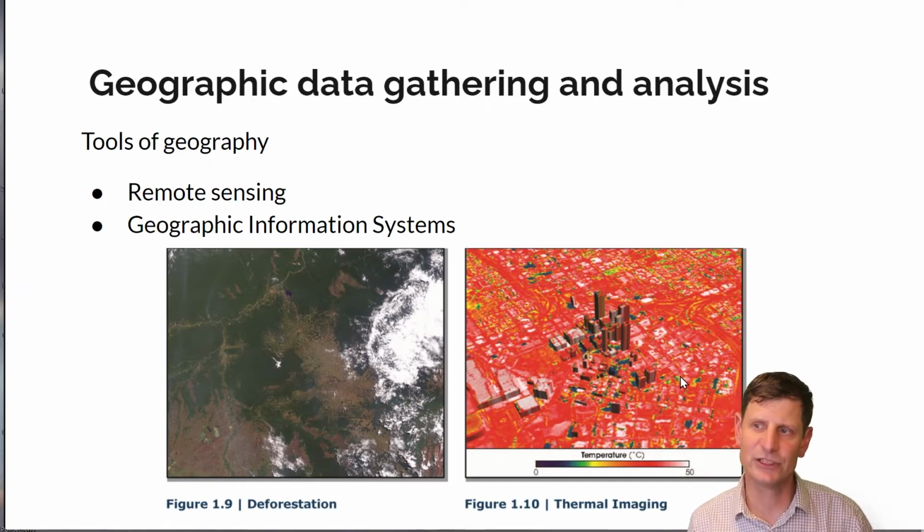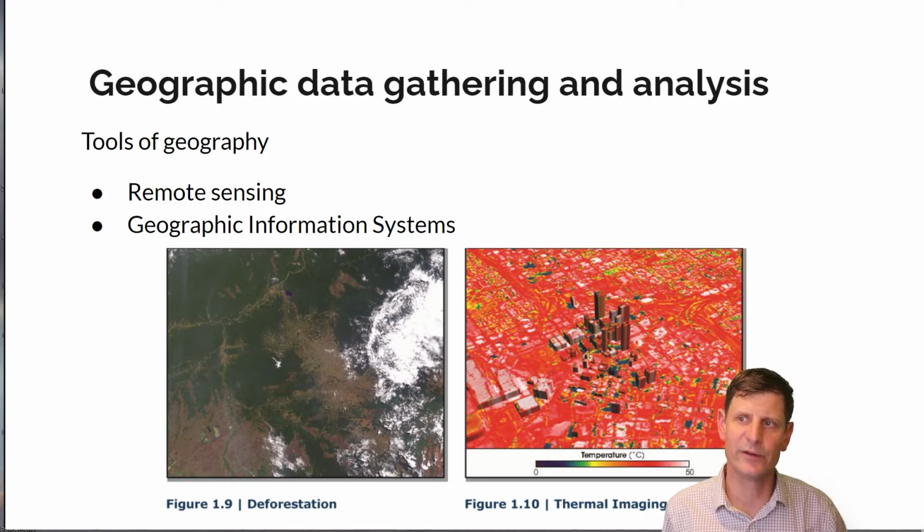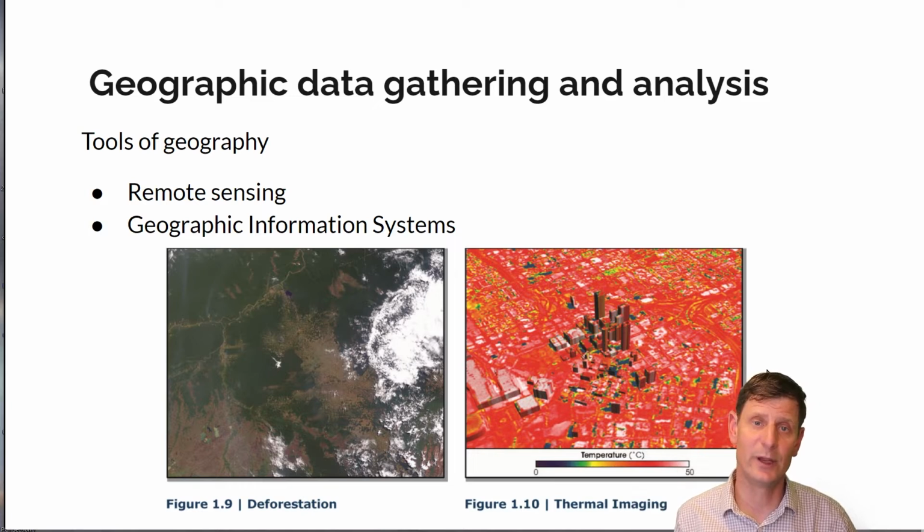In this case, thermal imaging, so we can see the different temperatures of surfaces in a city and make a model of that and realize where there's heat being gained and where the city could use some cooling and why it's so hot in cities. We can do all kinds of really amazing science by looking at things from a distance.